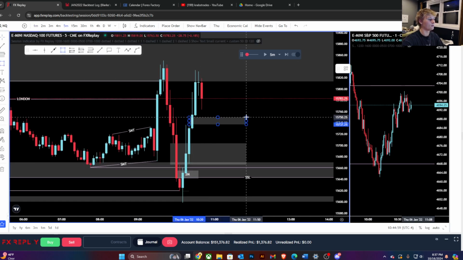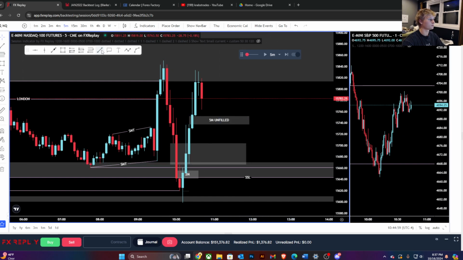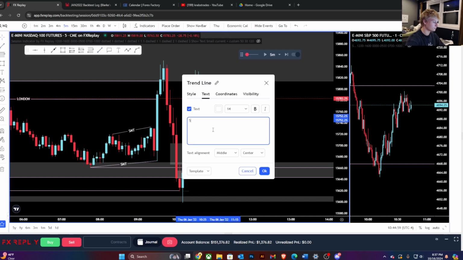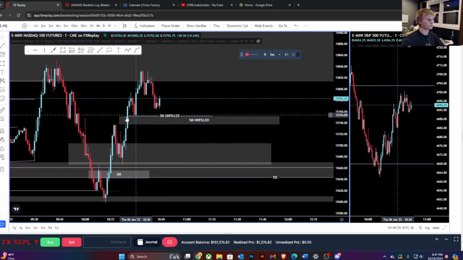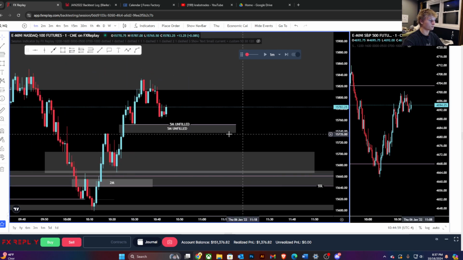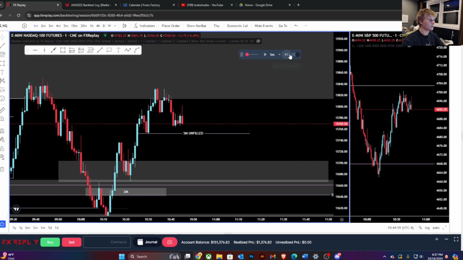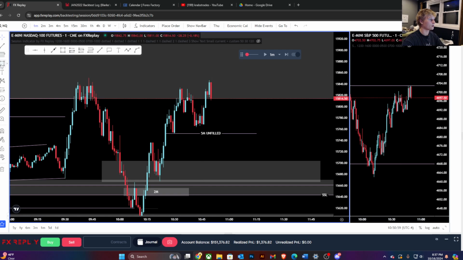So we don't have a significant sweep right now. See if we could trade up higher. If we could take out this high, I like shorts a lot.